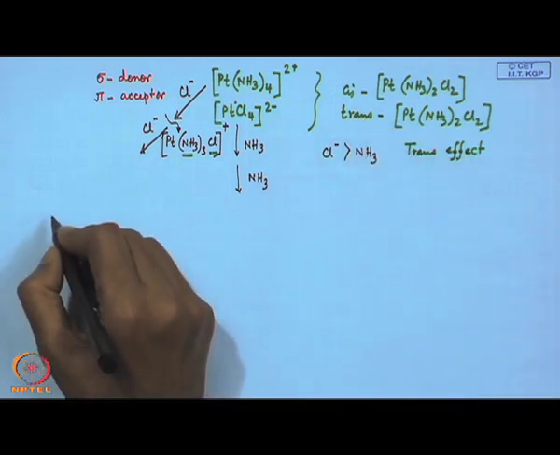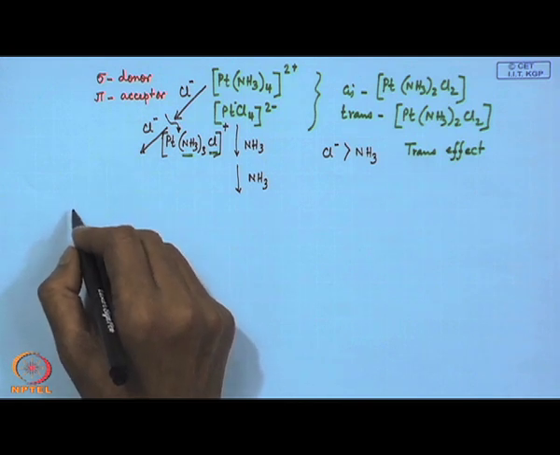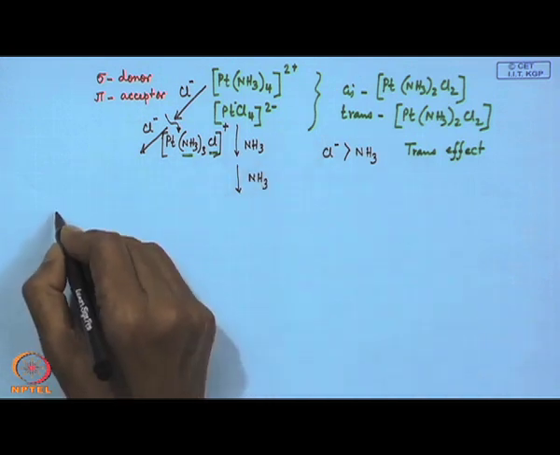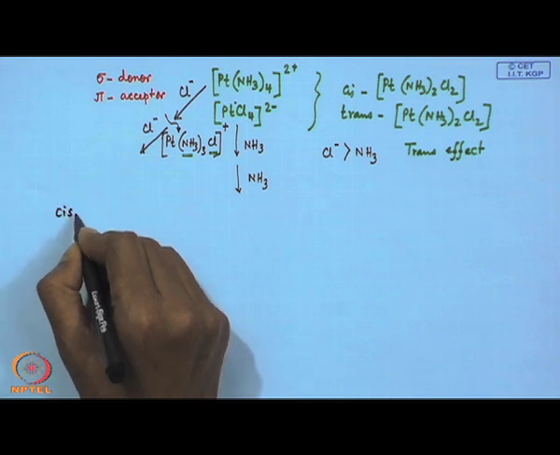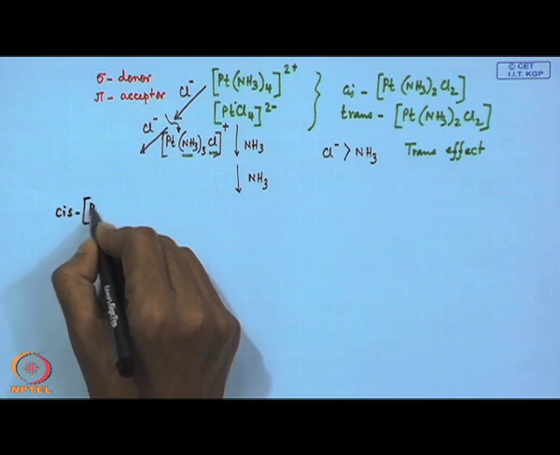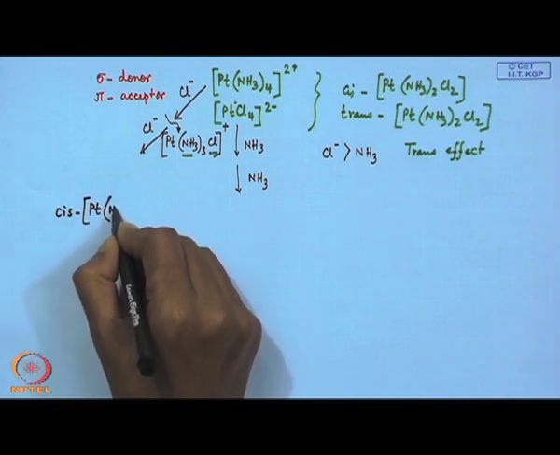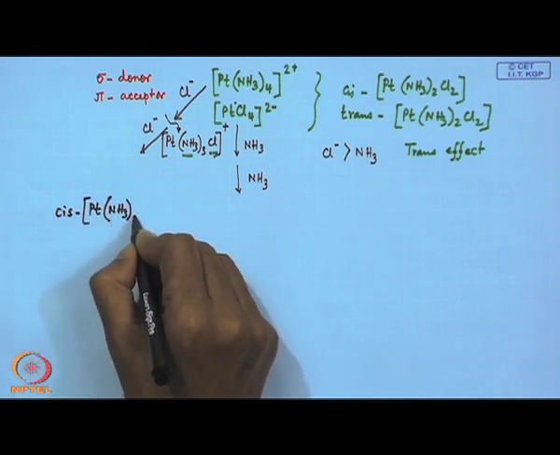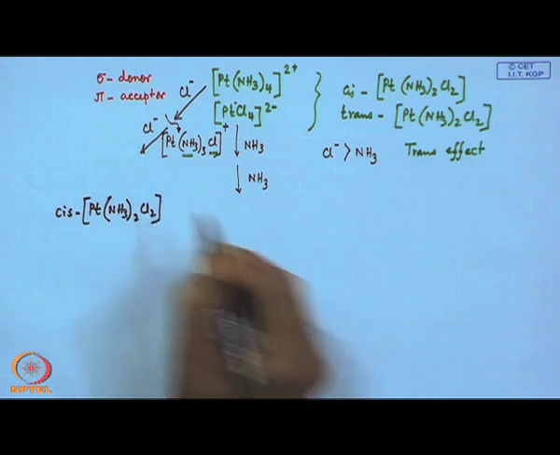Similarly, if we have the anti-tumor or anti-cancer drug cisplatin, we can have the cis one, which is the platinum NH3 whole 2 Cl2.